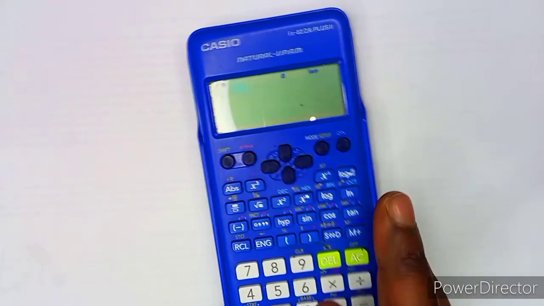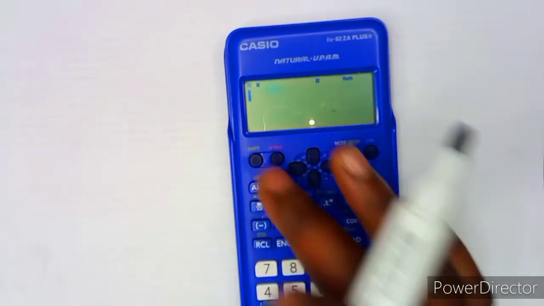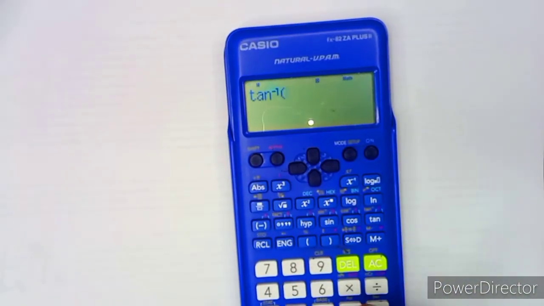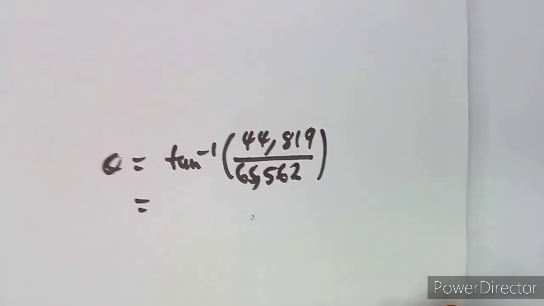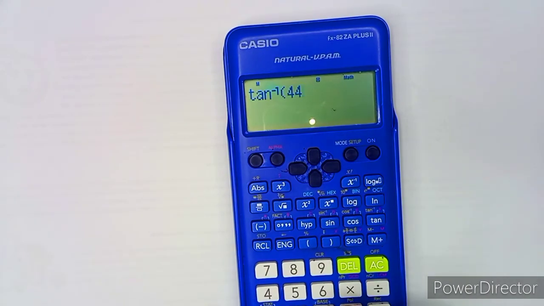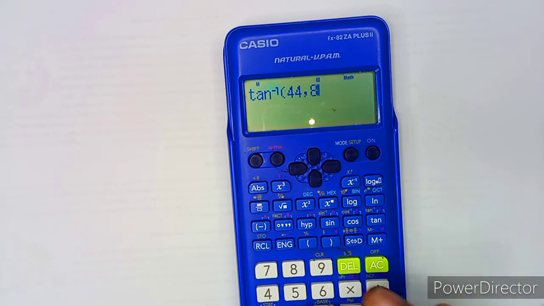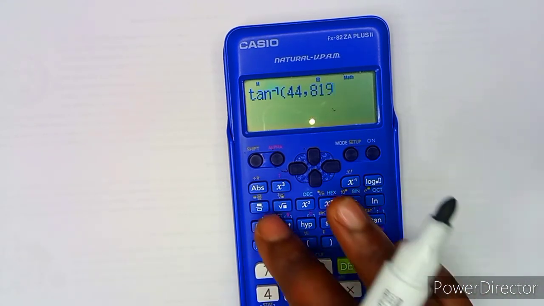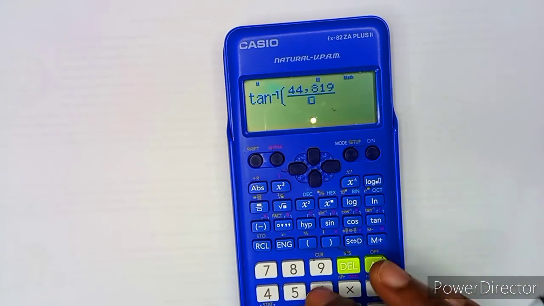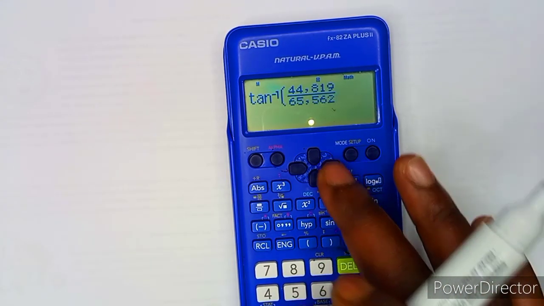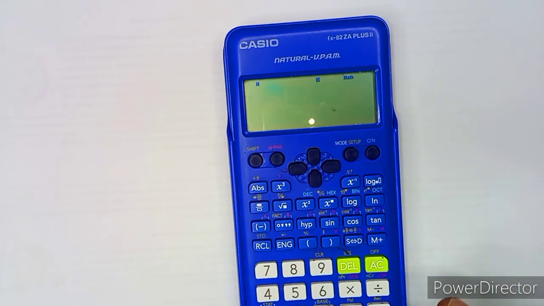Again, it's not about just finding this angle. So shift tan, 44,819 over 65,562. Let's close this bracket and see what you're going to have.